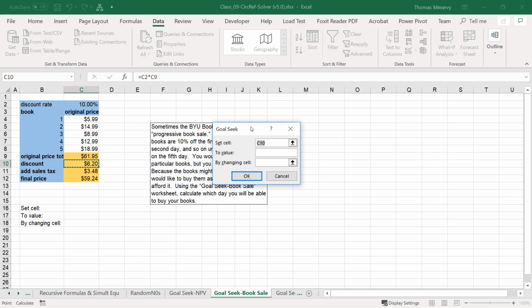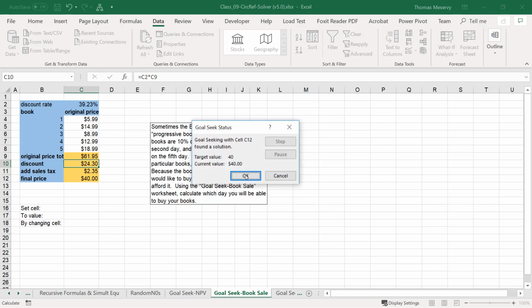So what will our set cell be here? Well, that's right. It actually should be the final price down there. What value do we need it to be? $40. And what are we going to change on our worksheet? We'll change the interest rate there. We'll go ahead and say OK.